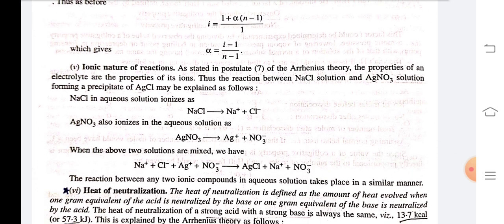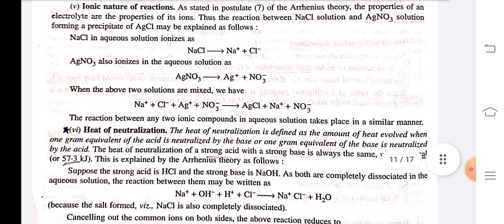Number 5. Ionic nature of reactions. As stated in postulate 7 of the Arrhenius theory, the properties of an electrolyte are the properties of its ions. Thus, the reaction between NaCl solution and AgNO3 solution forming a precipitate of AgCl may be explained as follows. NaCl in aqueous solution ionizes as NaCl gives Na positive plus Cl negative.